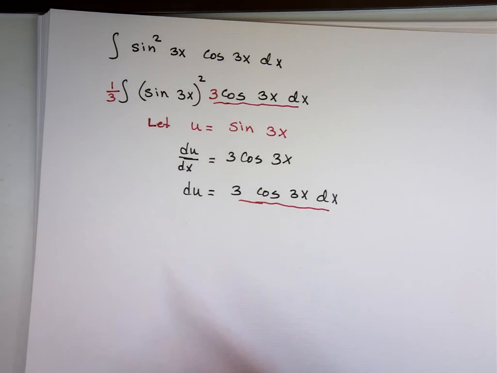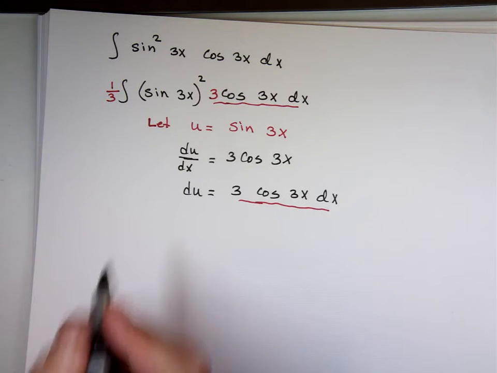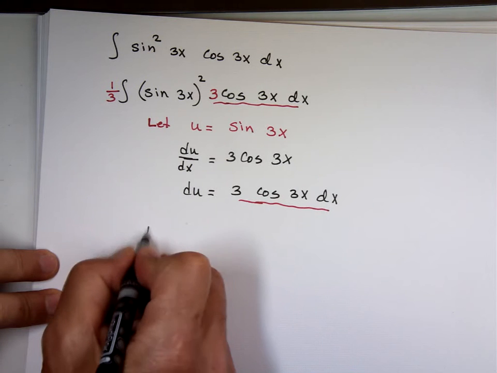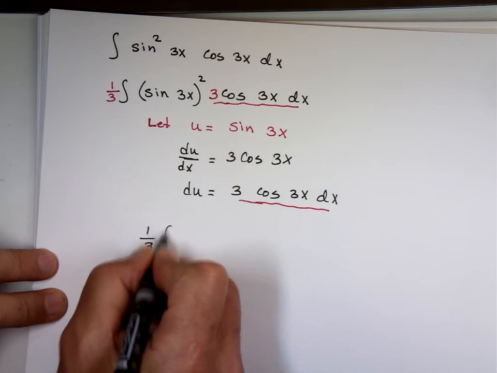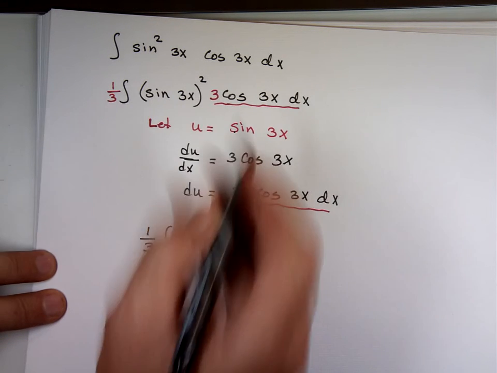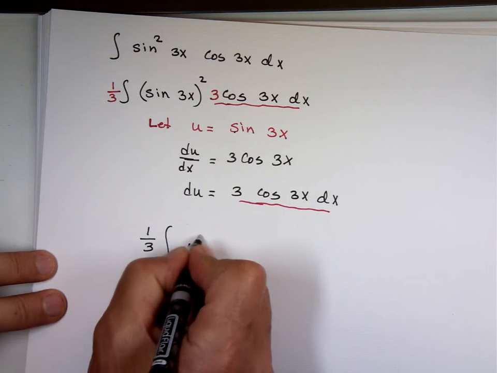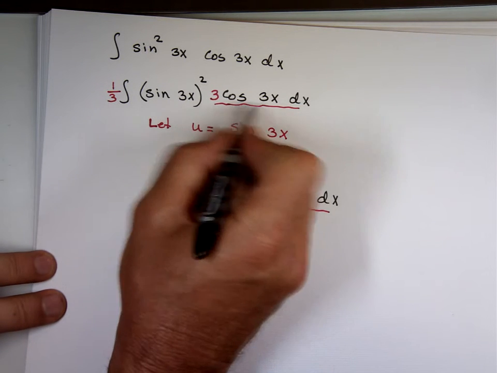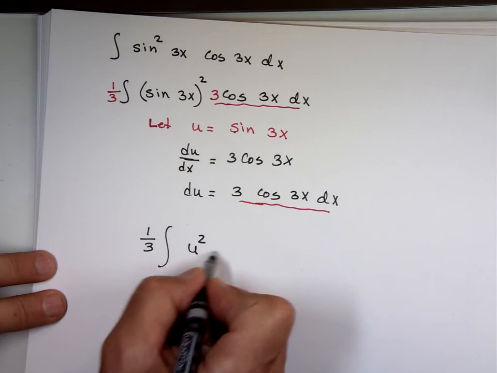Now, is that always going to work out this nice, or is it going to be a little tougher? All the ones we're going to give you should work out. If they don't work out, that means we have to look for a different method. So this becomes 1/3 the integral of sine 3x, that would be u squared, times 3 cosine 3x dx, that's du.